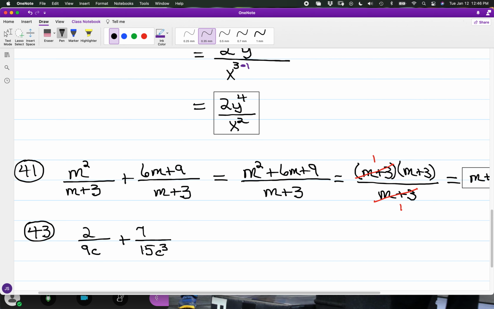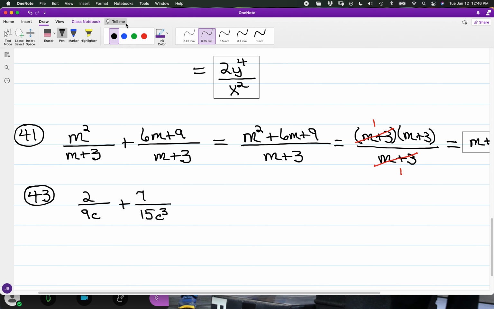Now I'm just mentioning that we're looking at finding a common denominator. If we're looking for the least common denominator, let's go back to the prime factorization. For 9, that is 3 times 3, since 3 is a prime number.